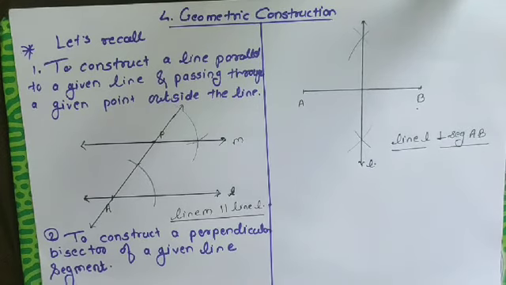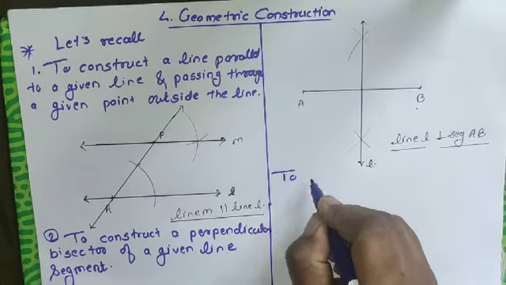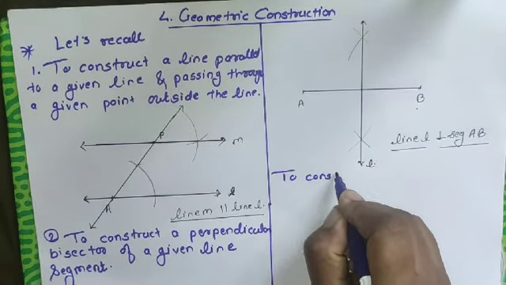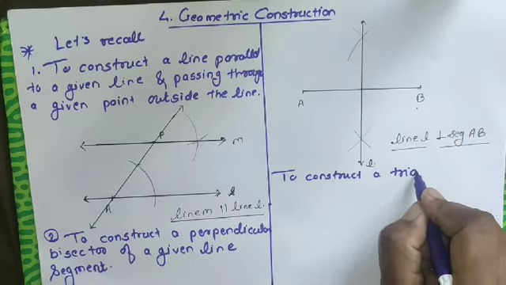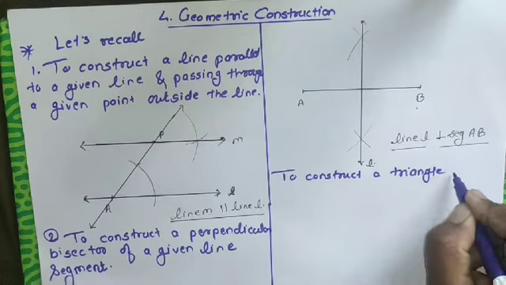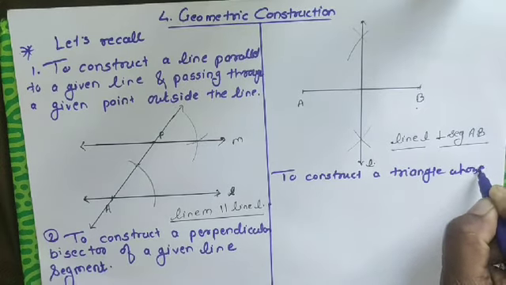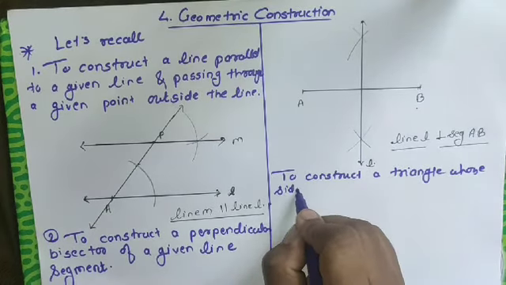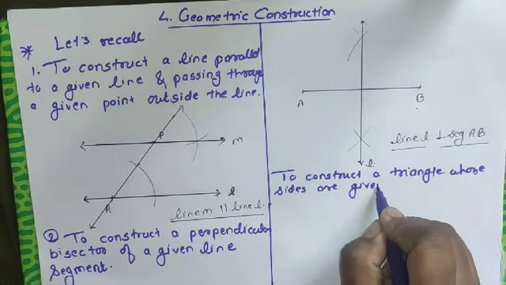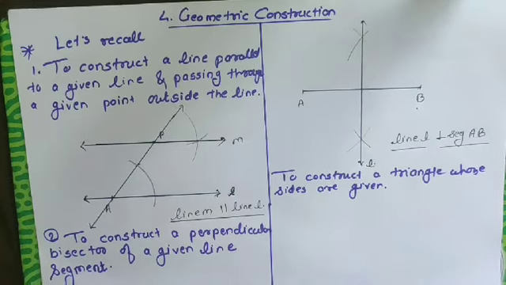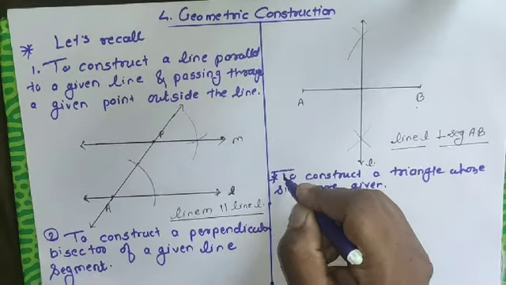Okay, now the third construction is to construct a triangle whose sides are given. First of all I will frame one question for this construction.